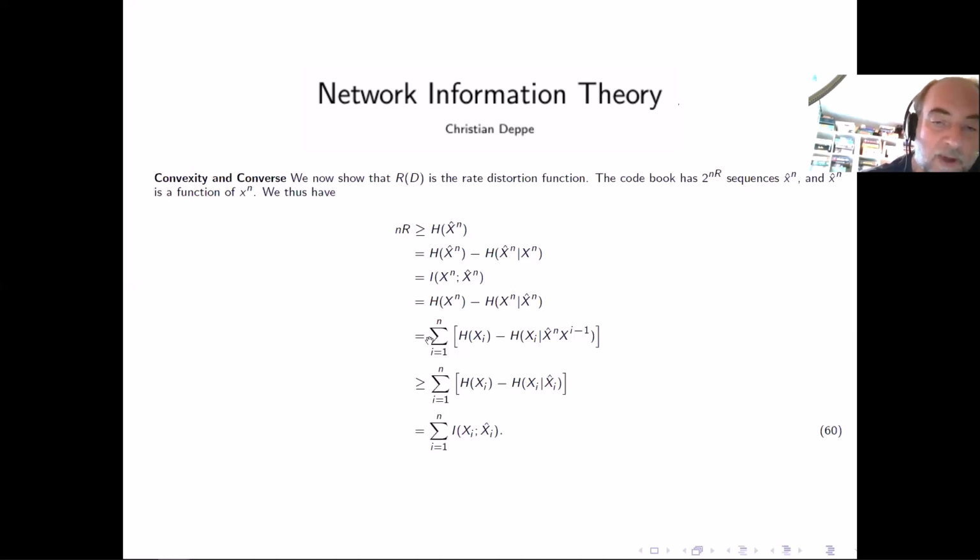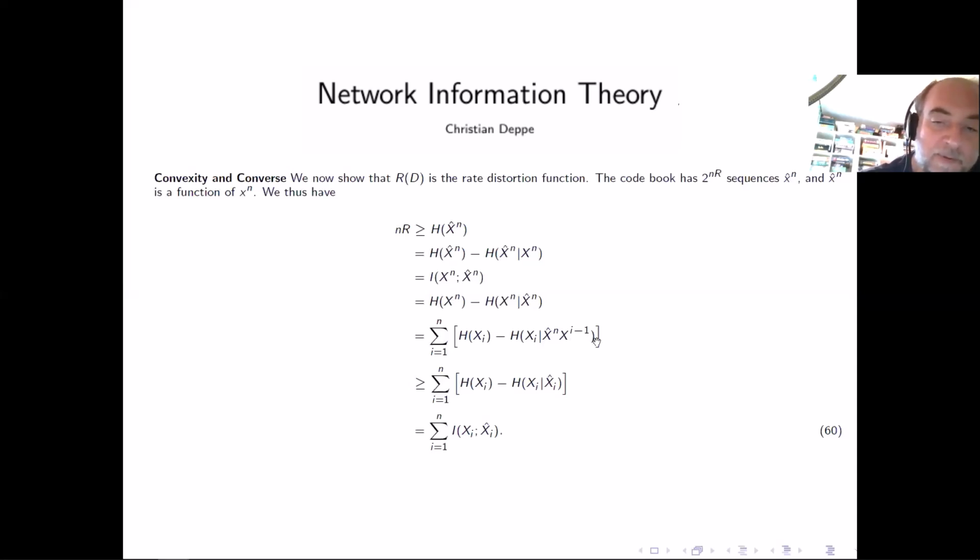And this we can write as this sum here. This is a usual formula, so we can write it by the individual random variables, as a sum from i equal 1 to n of h of xi minus h of xi conditional on x hat of n and xi minus 1.